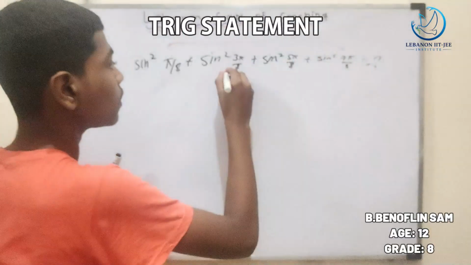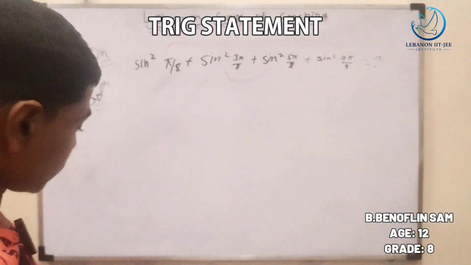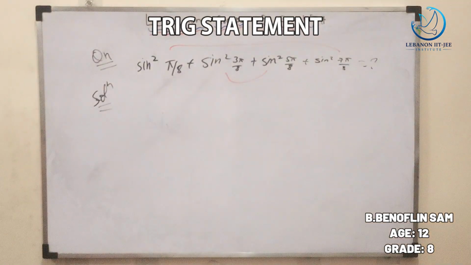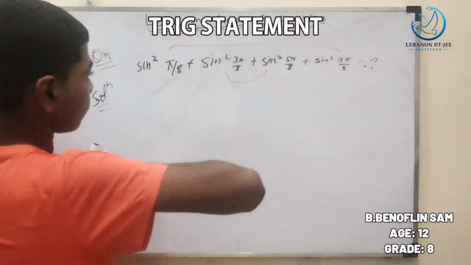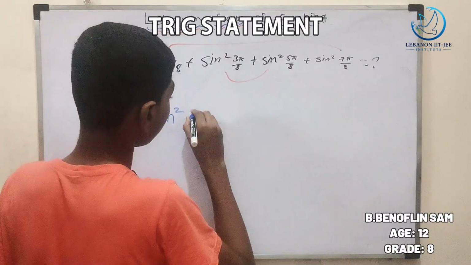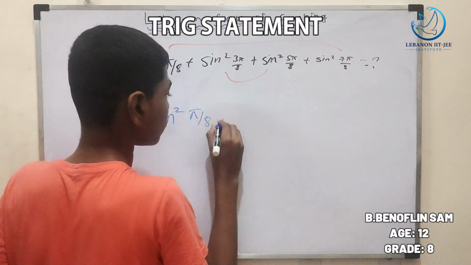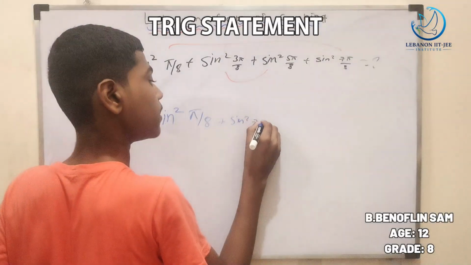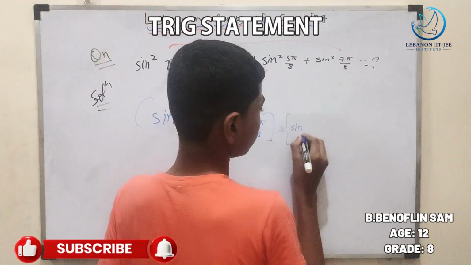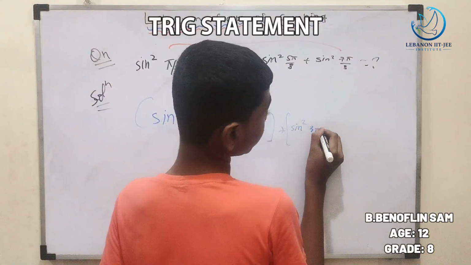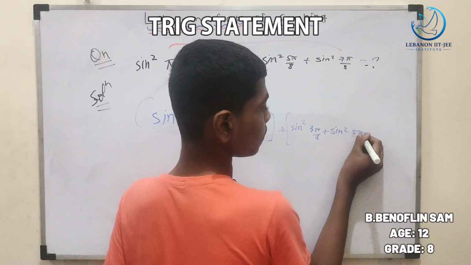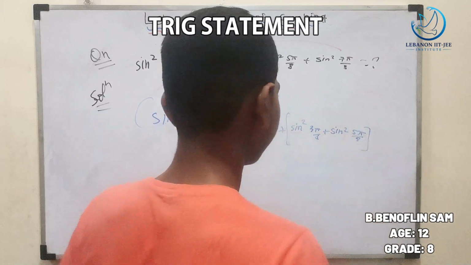We take sin square pi by 8, sin square 7 pi by 8, plus sin square 3 pi by 8 plus sin square 5 pi by 8.